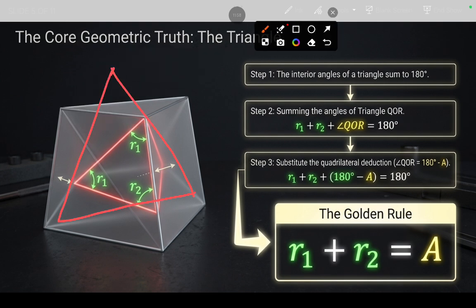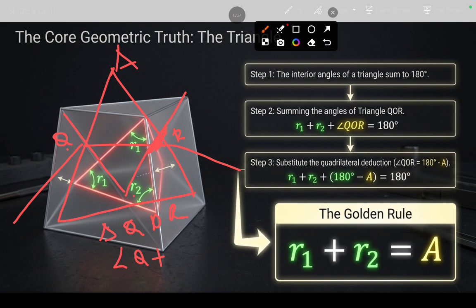Light is incident, refracted, emerging out. This is the normal ray. This is Q point incident, this is R point. Now from triangle QOR, angle Q plus angle R plus angle QOR equal to 180 degrees.